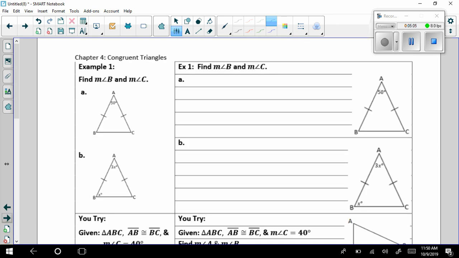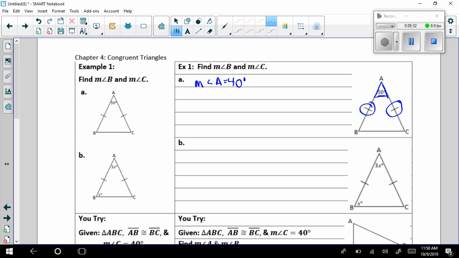All right, so putting all that together to find missing angles or missing sides in a triangle. So here we have an isosceles triangle because we have two sides congruent, and we're given the vertex angle. All right. So the measure of angle A is 40 degrees.